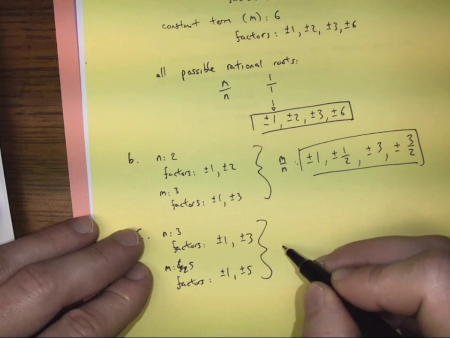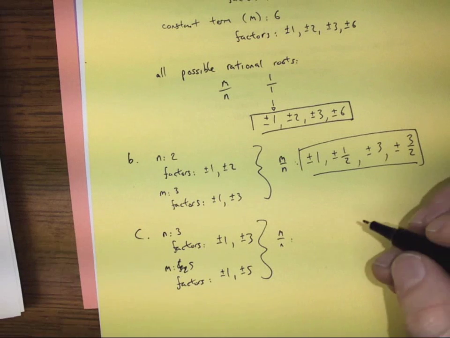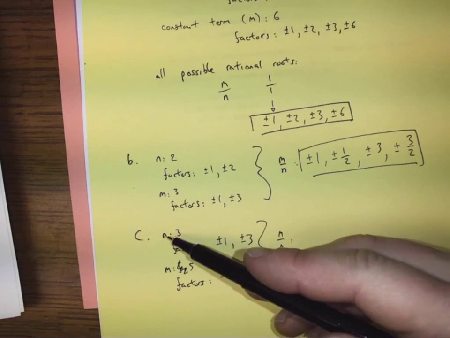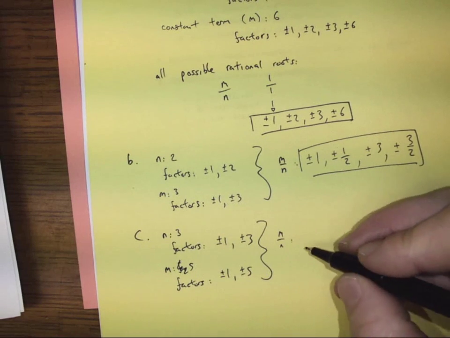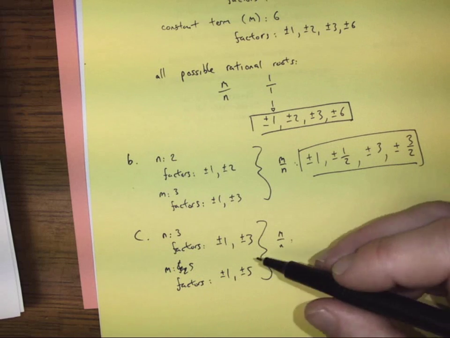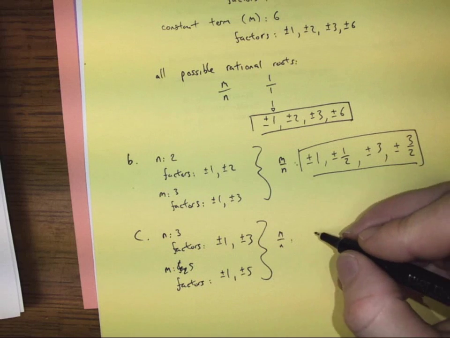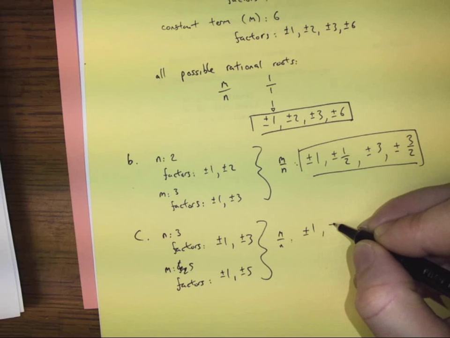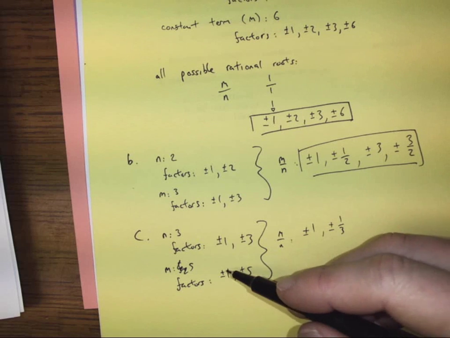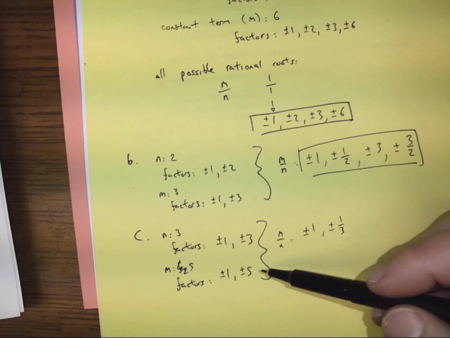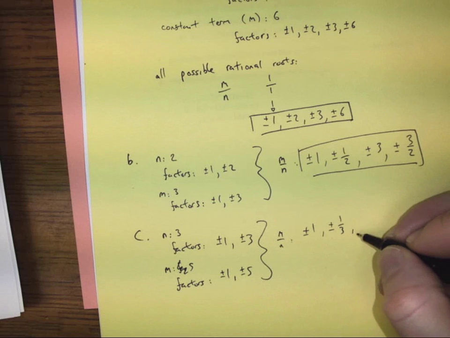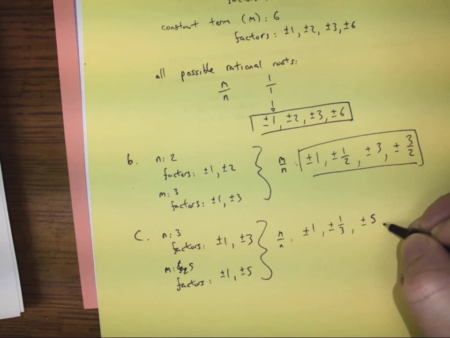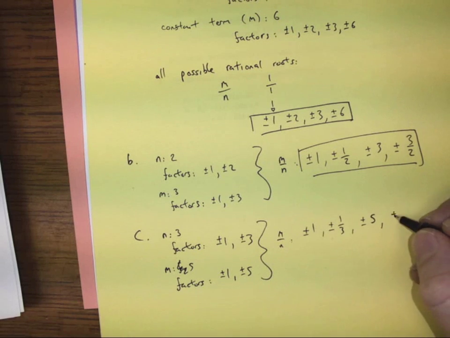So we're going to find our m over n values. We're going to get 1 over 1 or 1 over 3, plus or minus 1, plus or minus 1/3, or 5 over 1, and 5/3.